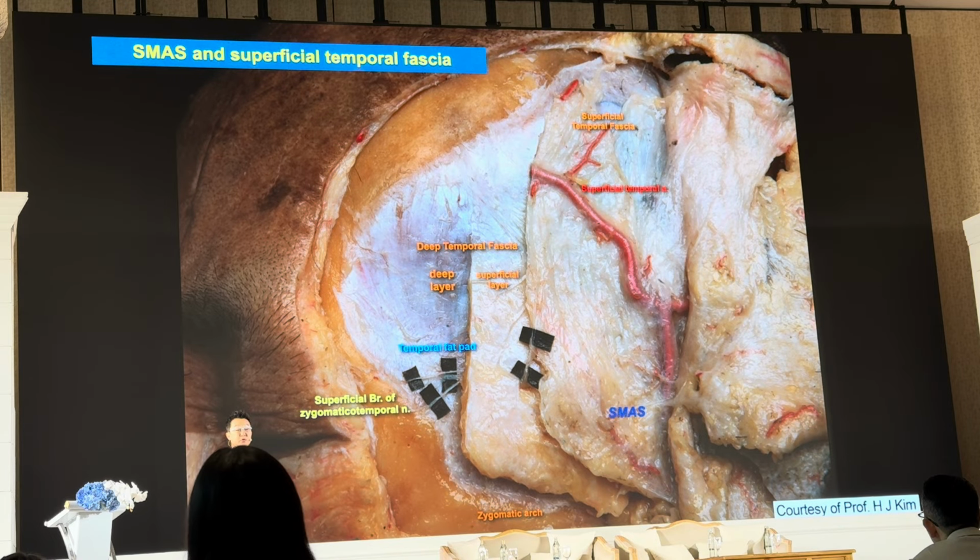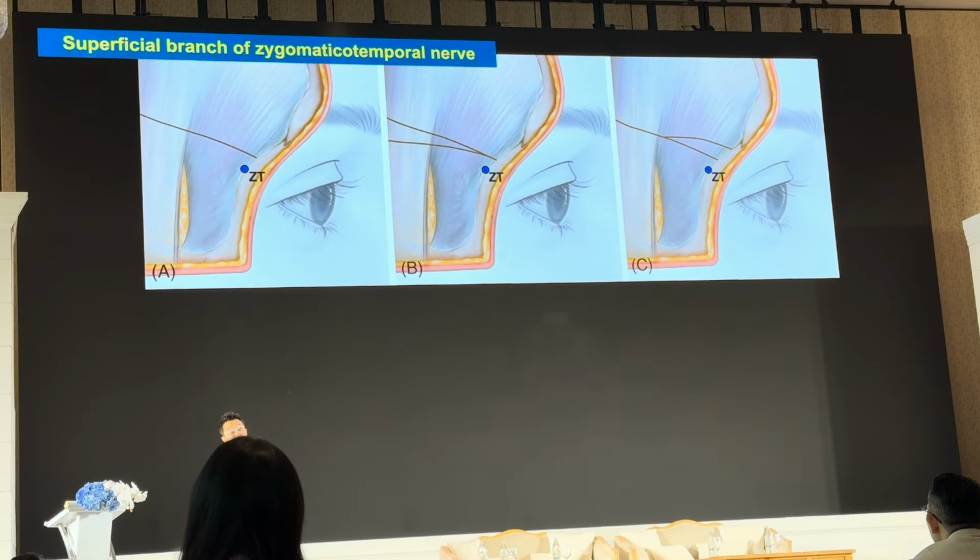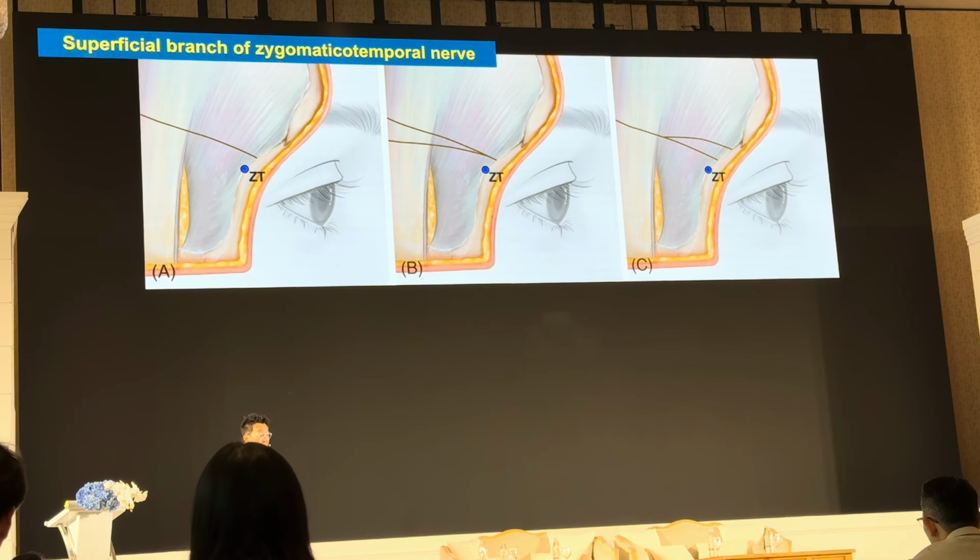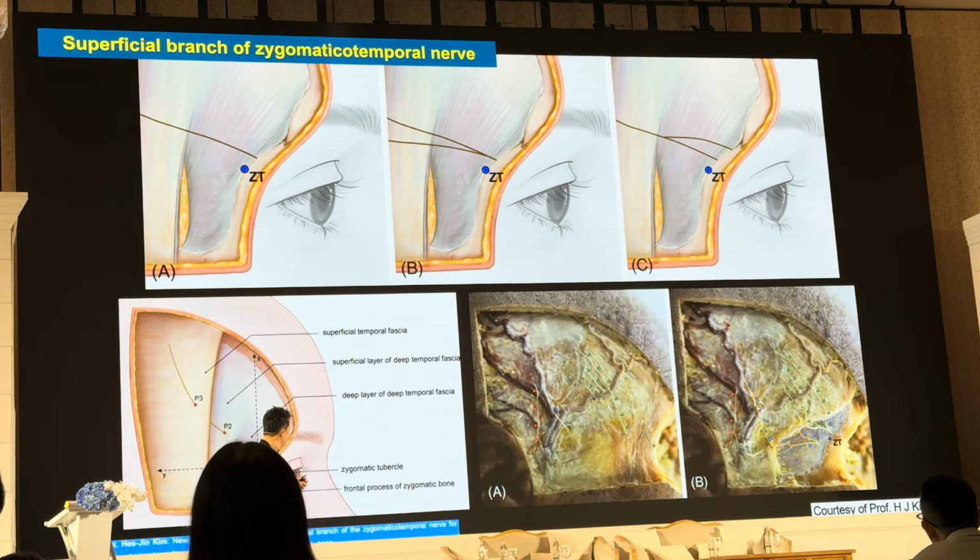Now I want to talk about these nerve branches. We name this the superficial branch of the zygomaticotemporal nerve. It was published in 2023. Actually, this is a nerve structure not published before.